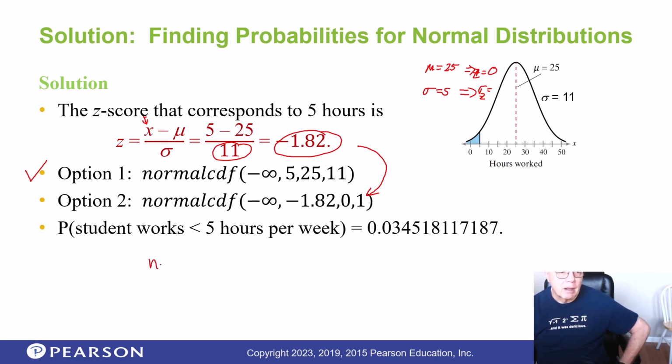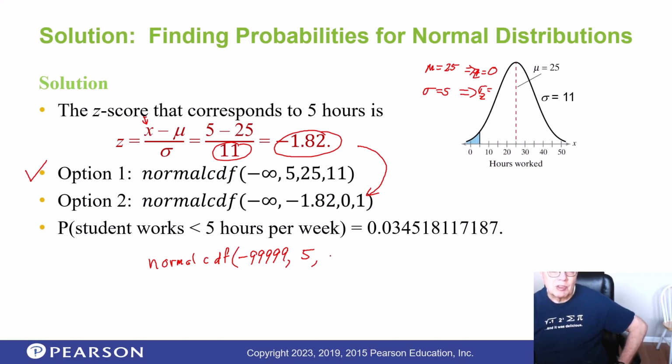So normal CDF at second vars, also known as distribution. We want to start at negative infinity. I'm going to put negative 99999, which should suffice. Where do I want it to stop? I want it to go up to, but not including 5. So negative infinity to 5, because we're talking about less than 5. Which curve are we actually talking about?